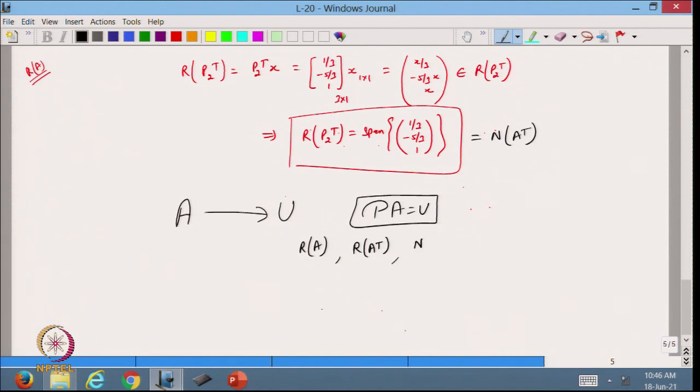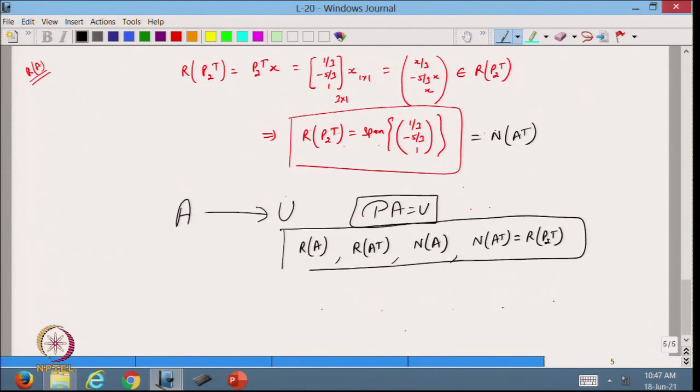We are able to write N(A) directly by putting the non-zero rows into Ux equal to 0. And now we are able to find N(A transpose), which is basically the range space of P2 transpose. So, with one matrix transformation, I am able to write the complete four subspaces associated with the given matrix.